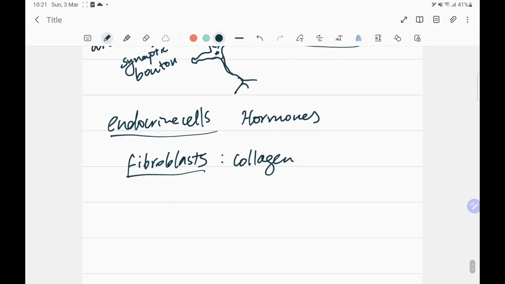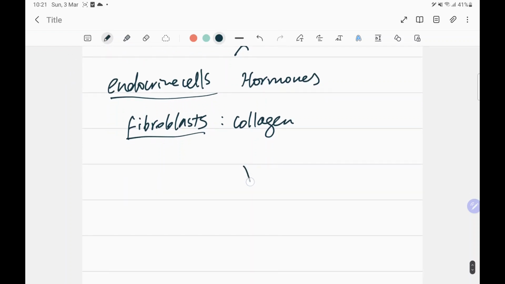Now, how exocytosis happens, I'll just give you an example. In the synapse, an action potential comes down along the axon, and when it reaches the terminal bouton, there are special channels for an ion called calcium.